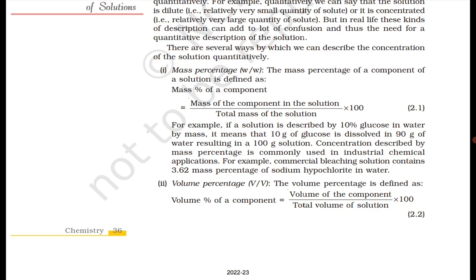For example, commercial bleaching solution contains 3.62 mass percentage of sodium hypochlorite in water. Volume percentage, v/v. The volume percentage is defined as: volume percent of a component equals volume of the component divided by total volume of the solution, times 100.